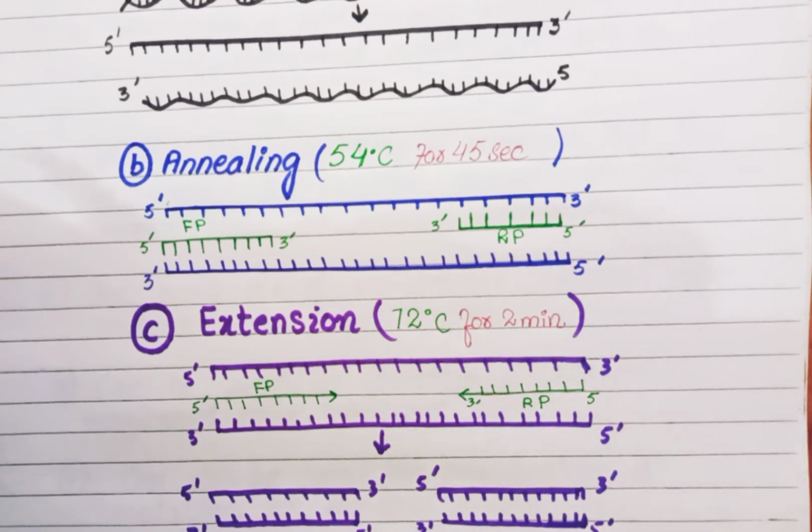What is the temperature of extension? 72 degrees Celsius, because that is the ideal temperature for polymerase. And what is the time? About 2 minutes. The primers that we have added are extended, and the two double strands are separated from each other. So here we have some basic steps of PCR. In future lectures, we will discuss all these steps in detail.